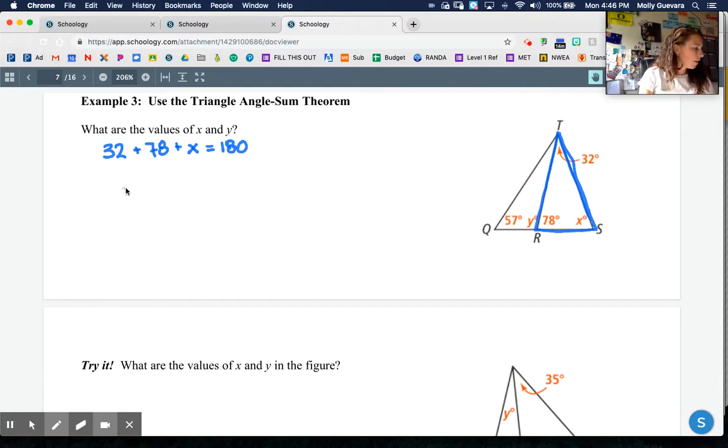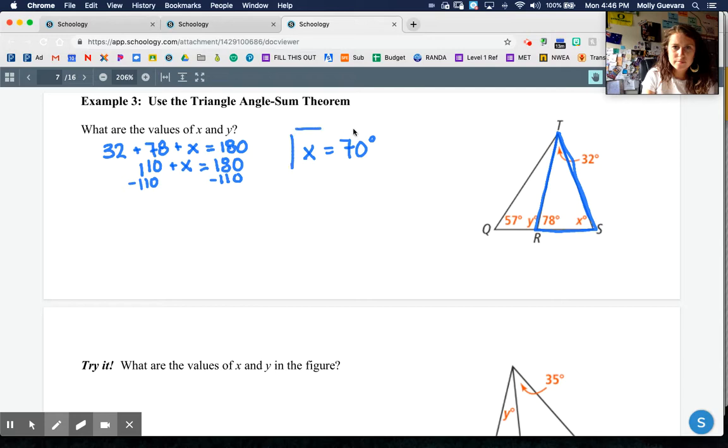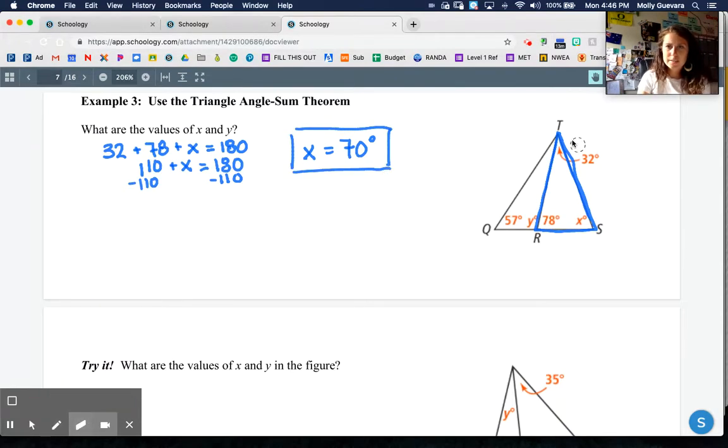Of course, I don't have my calculator out. 32 plus 78 is 110, so 110 plus x equals 180. Minus 110 minus 110, and I get x is equal to 70 degrees. Woohoo! So I found x.